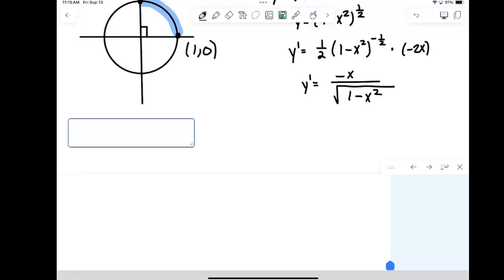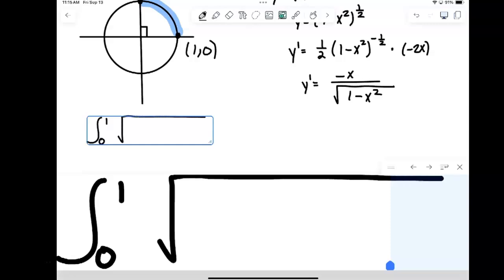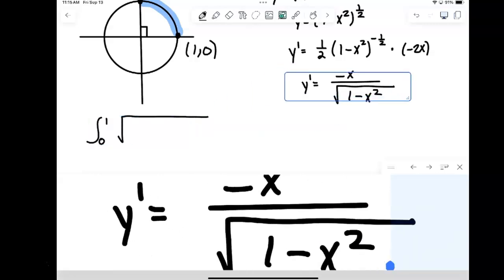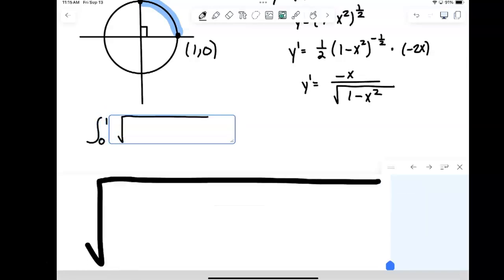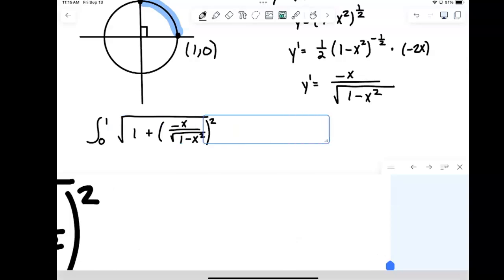So integral 0 to 1 of the square root of 1 plus y prime squared, so 1 plus negative x over square root of 1 minus x squared, all of that squared, dx.